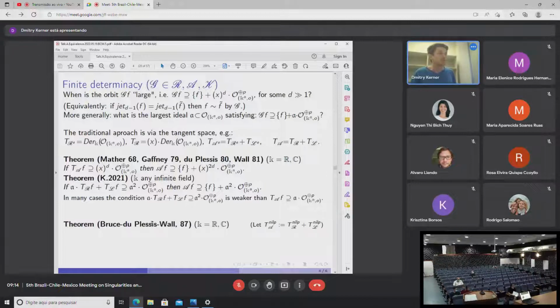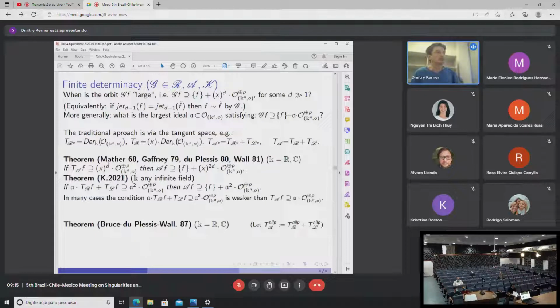Good. Now, maybe any questions? If there are no questions, let's proceed. And then people tried to strengthen this result, and they could not strengthen it in this form. But then Bruce, Duplessis, and Wall came with a very nice idea, that they could do it in a bit different direction.